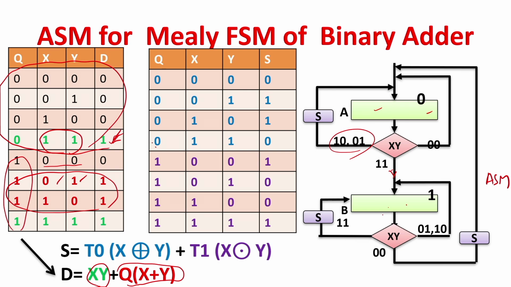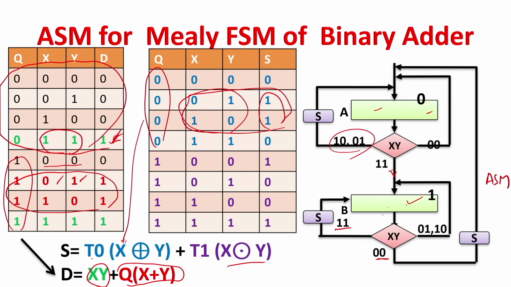So, this is state 0 and these 2 cases, which correspond to x or y. For these cases S is equal to 1, and whenever in state 1, which cases result in S equal to 1? The 1 and 0 cases, this is the x NOR y case.